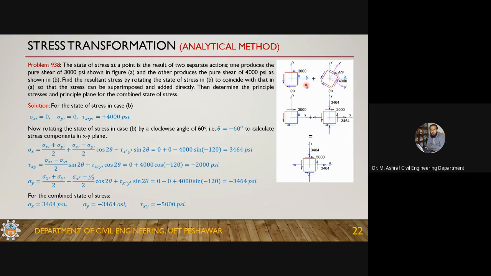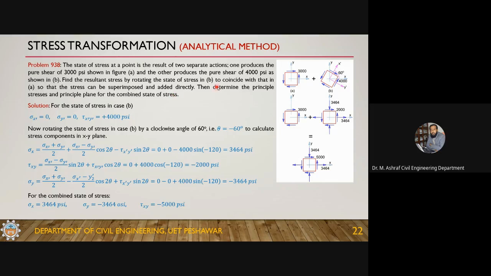Now, to combine these two, you will have to rotate this stress element so that you get stresses in the XY plane. So first you will have to rotate this in this way, and this plus this will give you the combined state of stress.